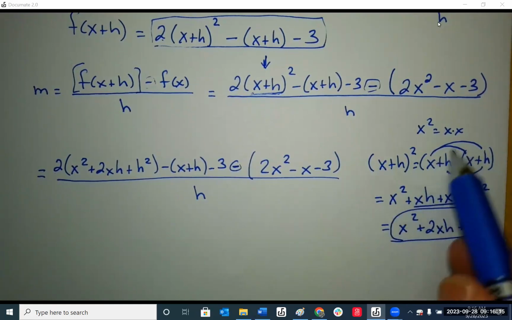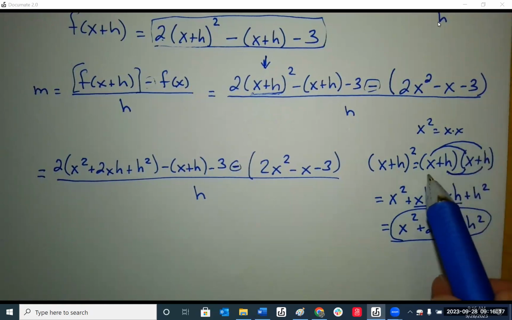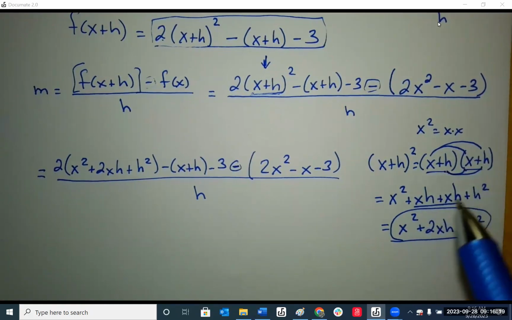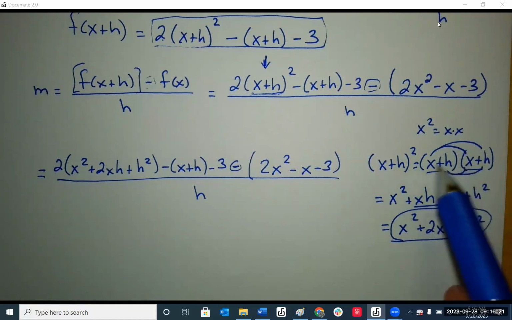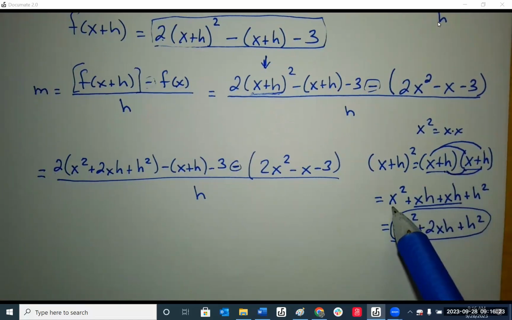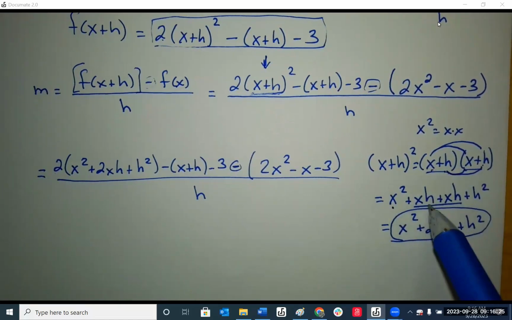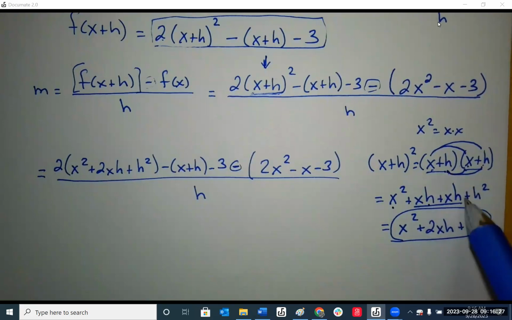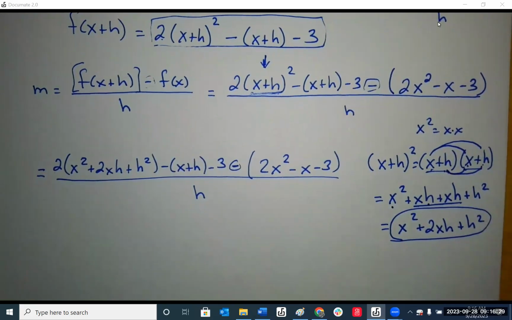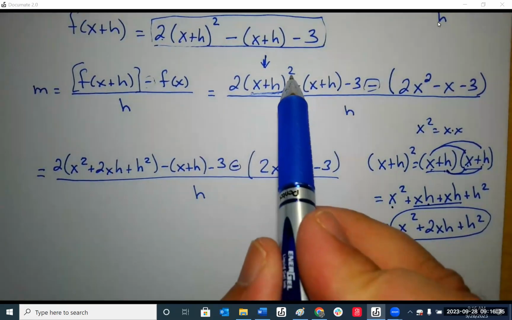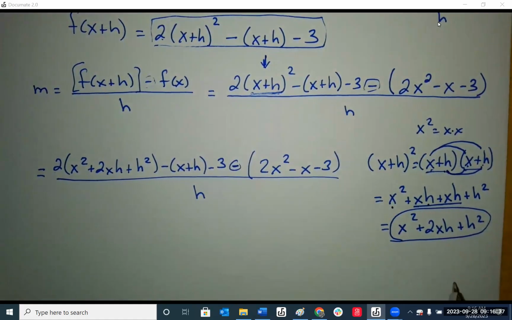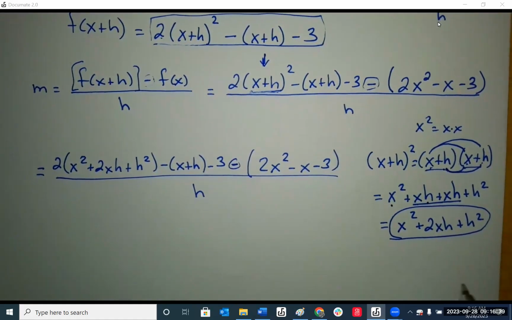So we have to FOIL these. Everything in the first parenthesis multiplies everything in the second parenthesis. So x times x, x². x times h, xh. h times x. And then combine like terms. So that's how we got rid of it. That's the next hard part because we have to do that. If it was a cube, we'd have to do it again. And that's painful.